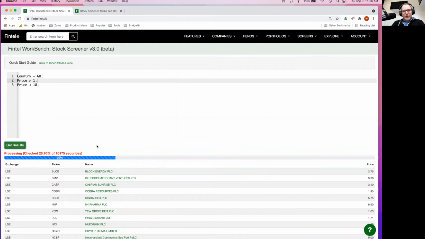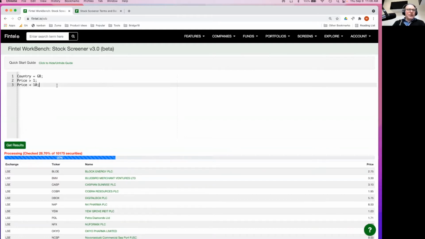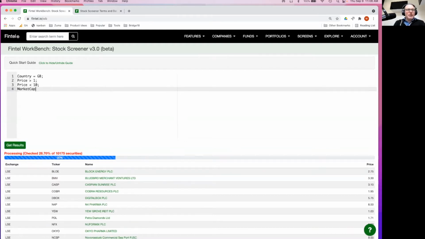So, okay, now you kind of get a sense of this. I can also say things like market cap is greater than 100 million. I can use M's for millions. And market cap is less than a billion. Let's go back to the US here because I'm familiar with US dollars.